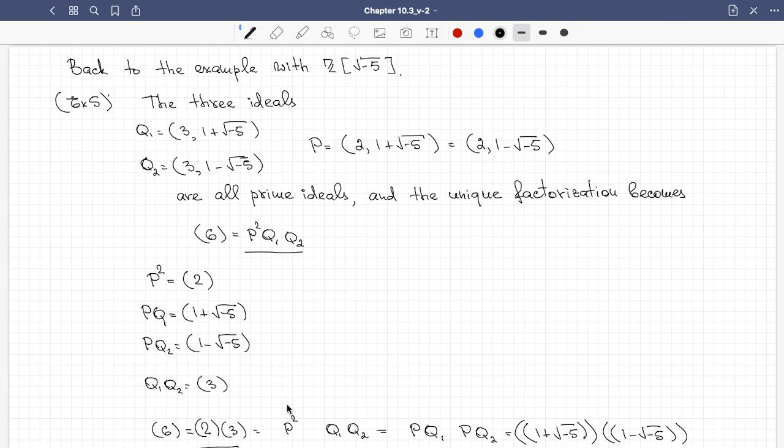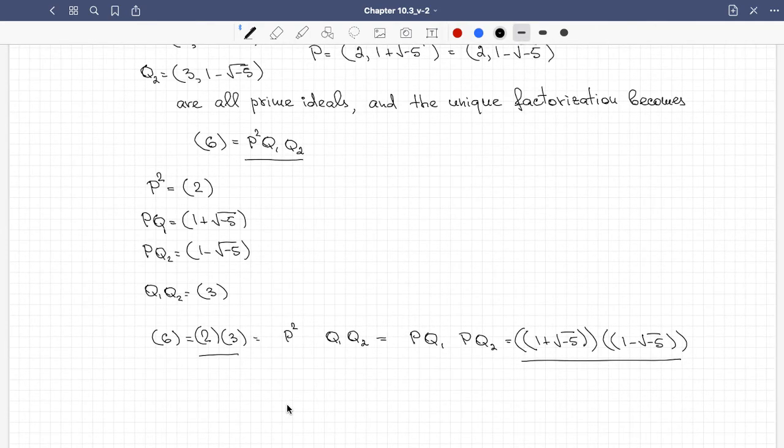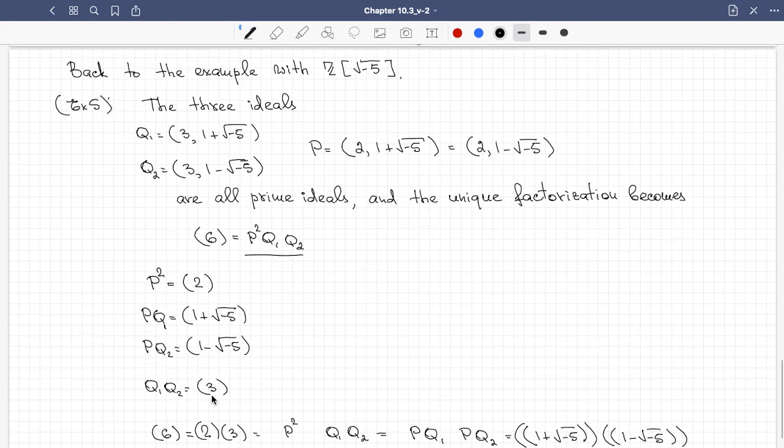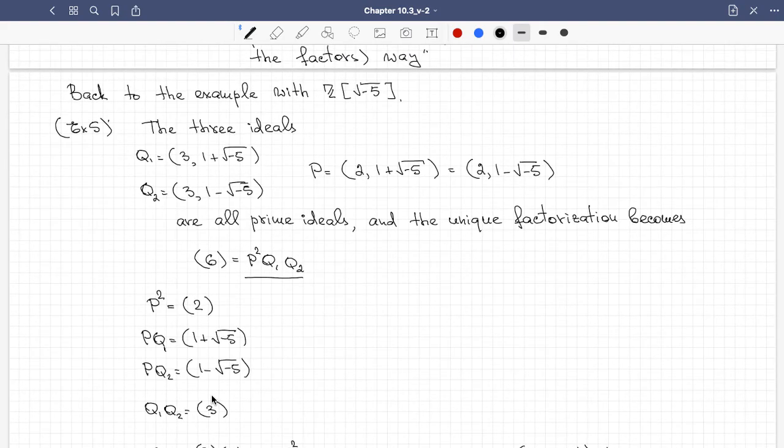I did not prove many statements which I made here, and you may look at exercises 14 till 20 in the book, exercises to this section devoted to this example.